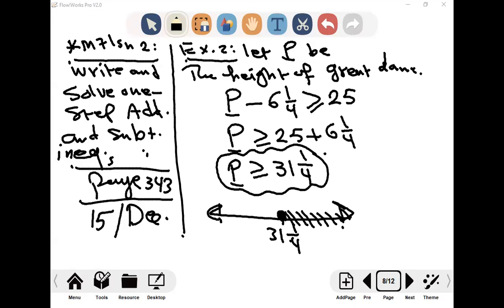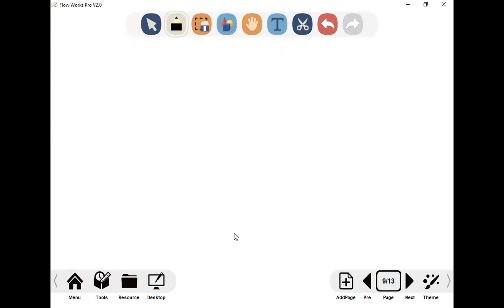Right, we are in the check of example 2, page 344. Yalla, check of example 2, page 344. Read, Tamim. Yalla.